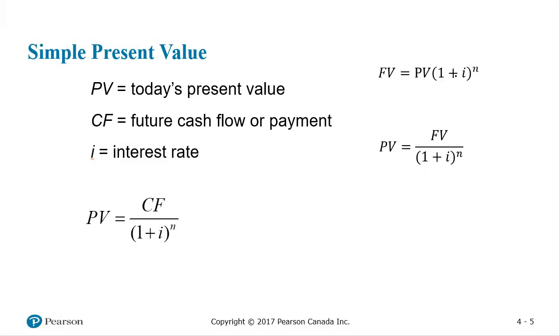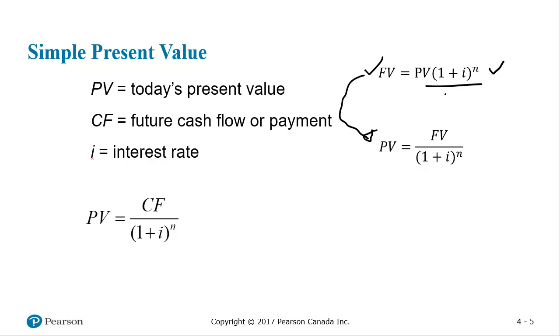So just carrying on from the previous slide, we saw that the future value of the loan that we had to pay back was equal to the present value, the $100, times 1 plus I, the interest rate, to the power of n. That's the algebraic formula for future value. Future value equals present value times 1 plus I to the power of n. So therefore, if we want to calculate the present value, we just do a little bit of algebraic rearranging.